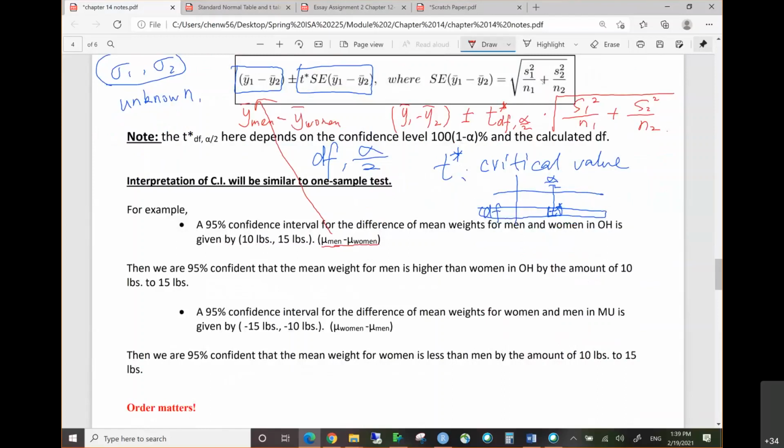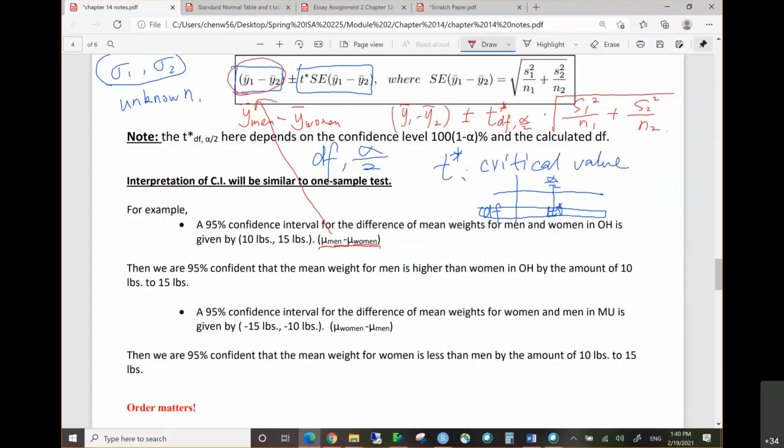So that means the order matters. If you want the confidence interval of men minus women, then at the beginning of your formula, you need to follow the same order.